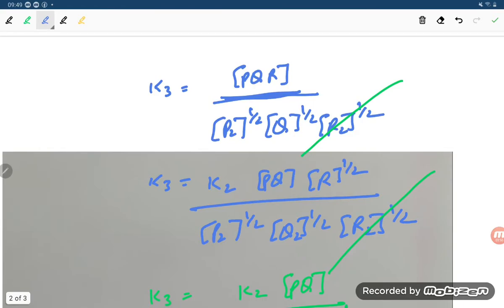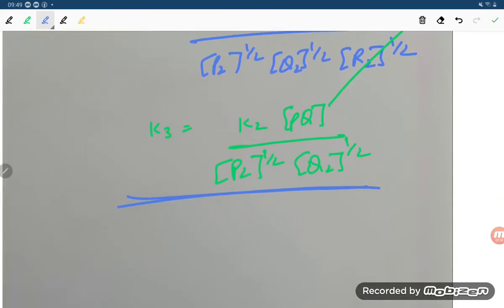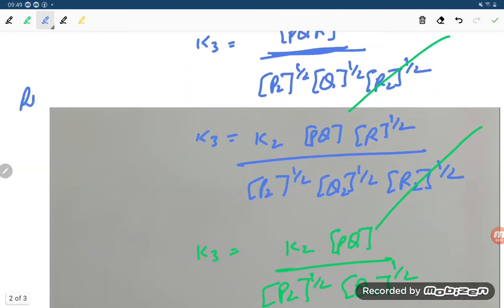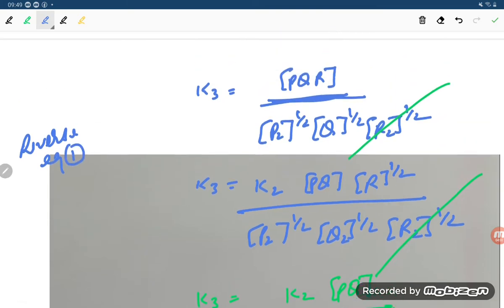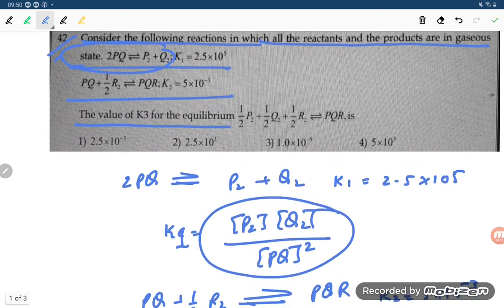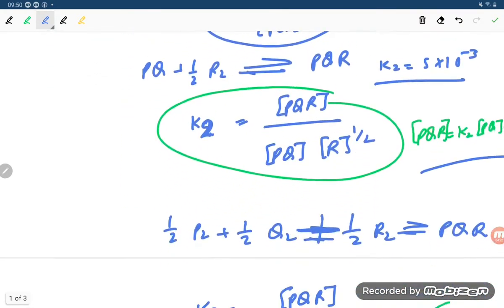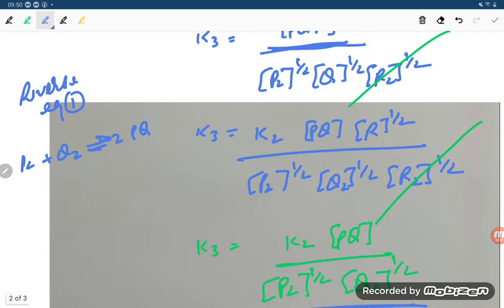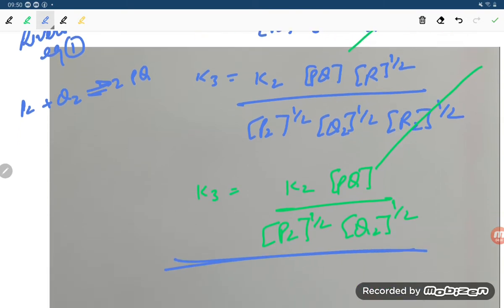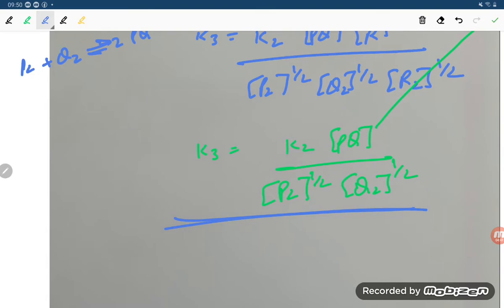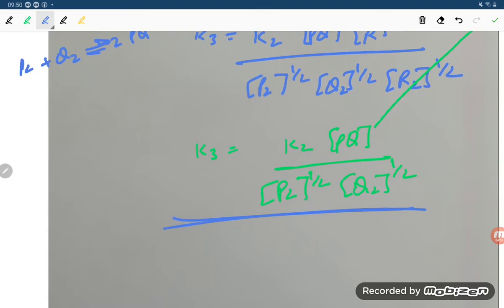So reverse equation 1: P2 plus Q2 giving rise to 2PQ. They have half of P2 and Q2 and only PQ, so you cannot square it, you take the half.